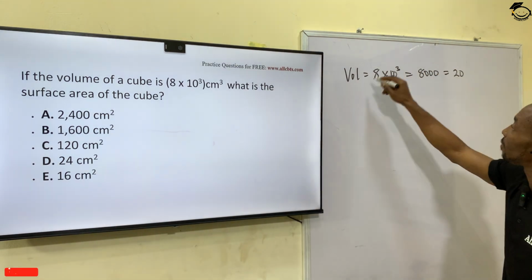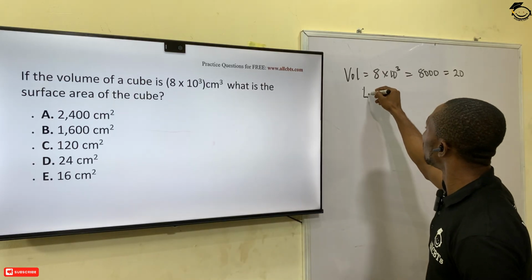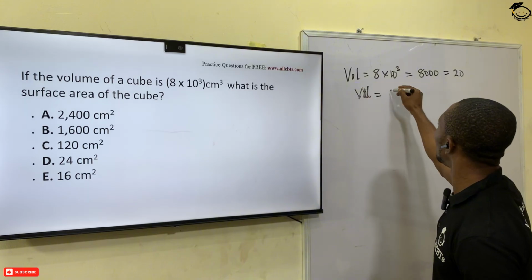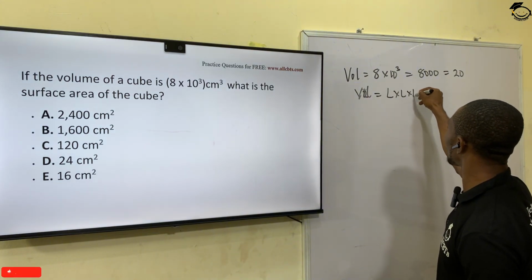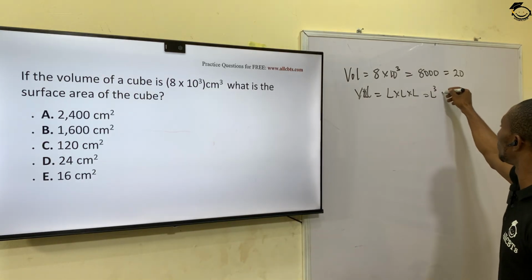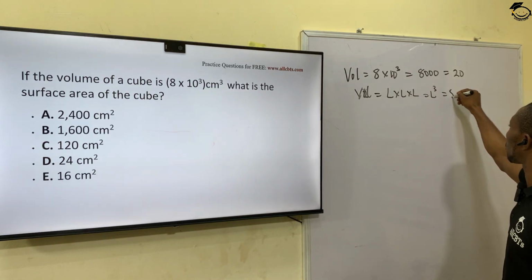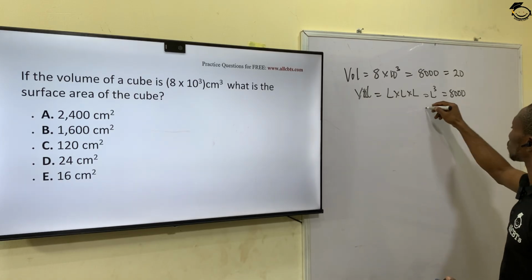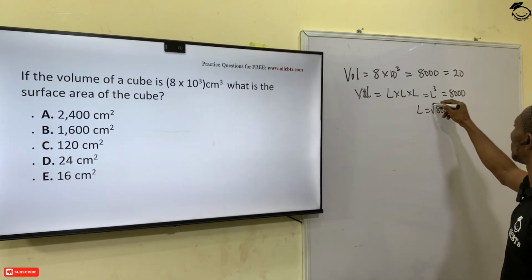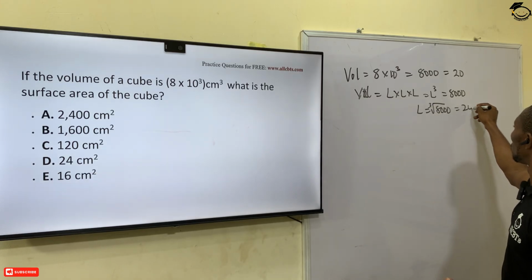Remember that volume equals length cubed, since it's a cube, all the sides are equal. So that will become L cubed. So if L cubed equals 8,000, for us to have L, we take the cube root of 8,000, which gives us 20.